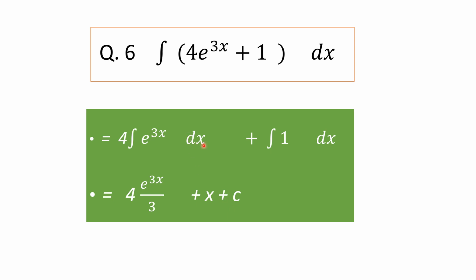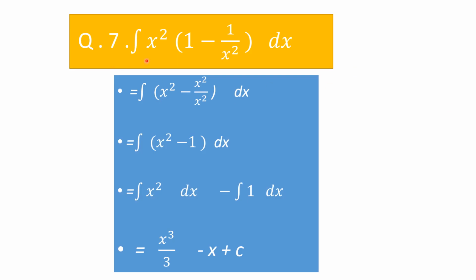Because you have two integration symbols and two dx here, this doesn't mean that you will put c twice. You have to put c, the constant of integration, just once in the answer. So the answer to the question on the slide is 4 e power 3x divided by 3 plus x plus c.